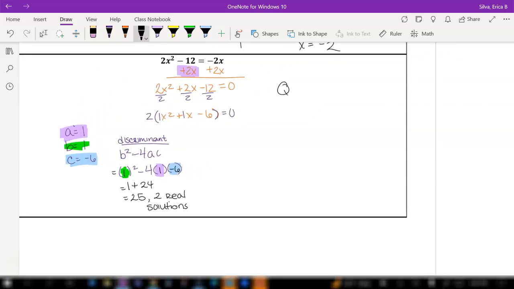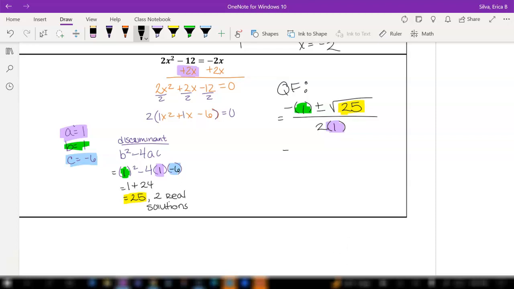So let's bring in our quadratic formula. So negative b plus or minus square root of, there's 25. We already did it down here. Divided by 2 times our a. So this is 1 and this is 1.